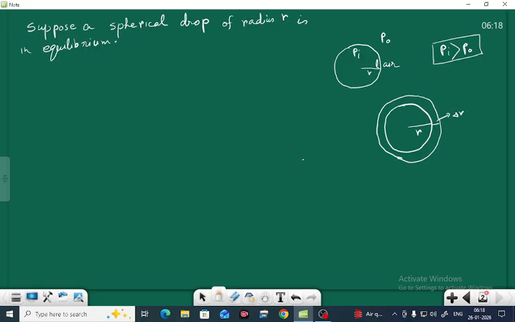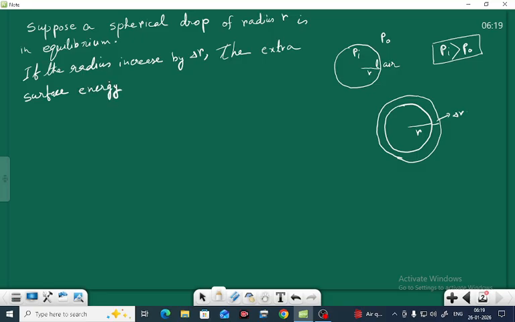So what we'll get if the radius increased by del r, the extra surface energy is the extra surface energy.